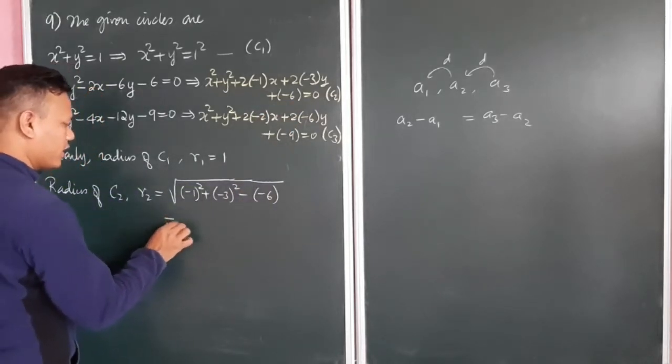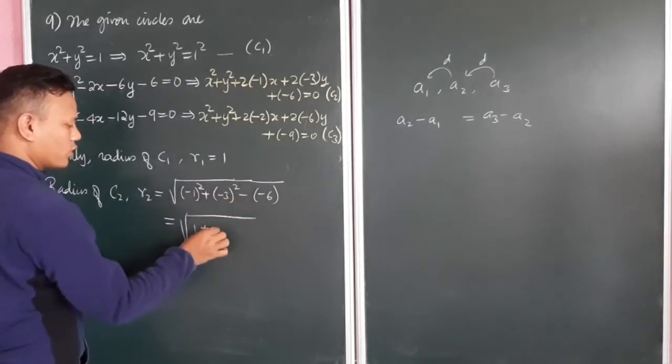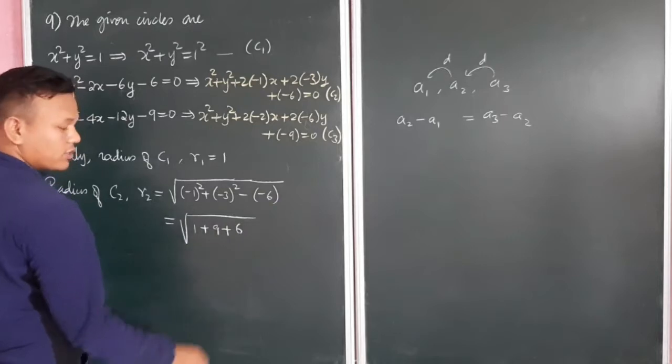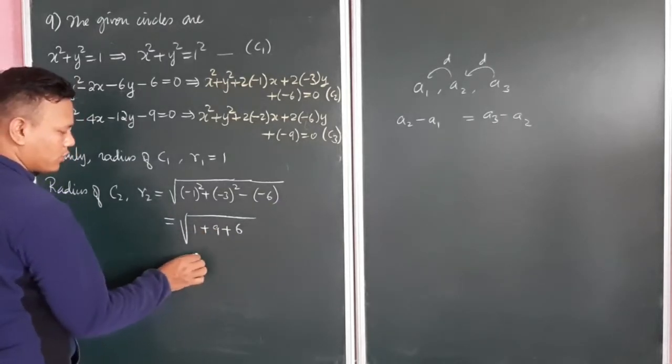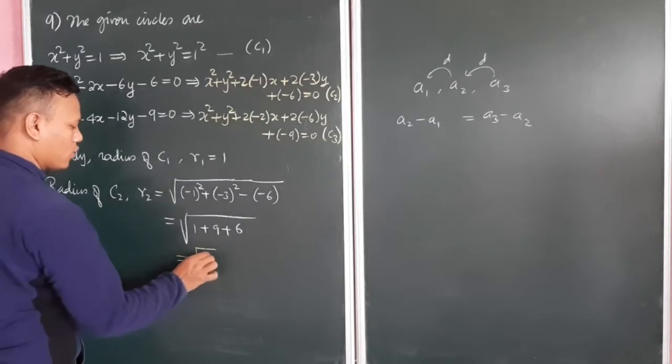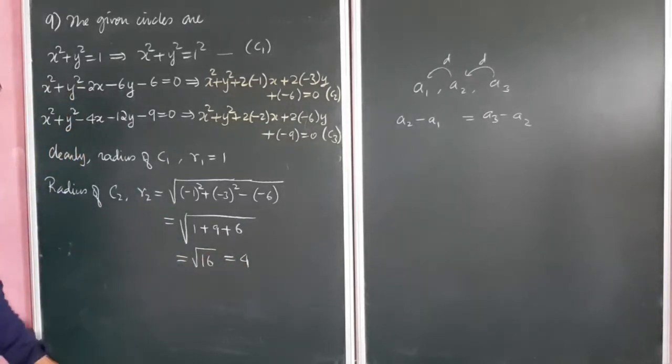Alright, so let's evaluate this. This turns out to be 1 square is 1 plus minus 3 square is 9 plus 6, isn't it? So this turns out to be the square root of 16, which equals 4. So R2 is 4 in this case.